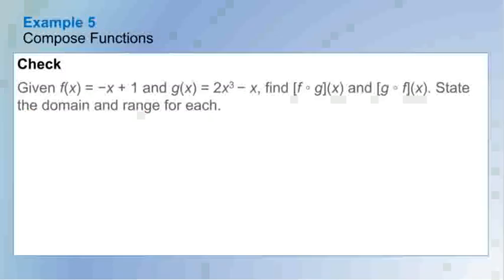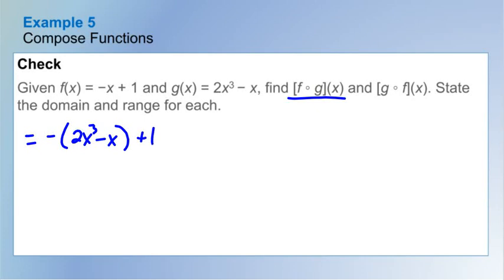Next, check this one. We have more composing. So here, f of g of x. I need to put 2x cubed minus x in for x. We'll do this one in blue. This is going to equal negative 2x cubed minus x plus 1, which will give us an answer of negative 2x cubed plus x plus 1.